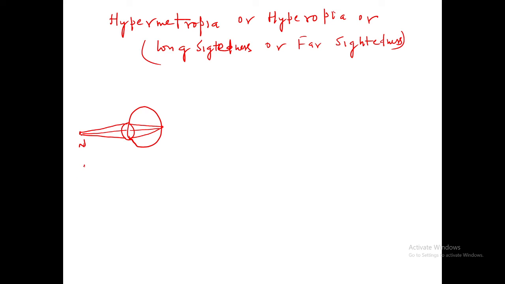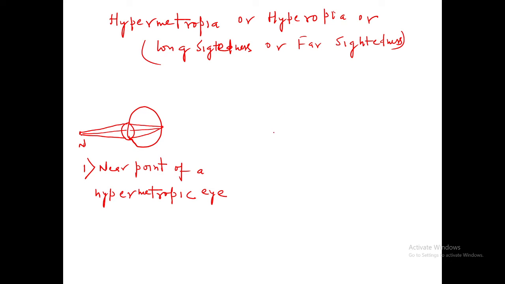Okay, so first is the near point of a hypermetropic eye.